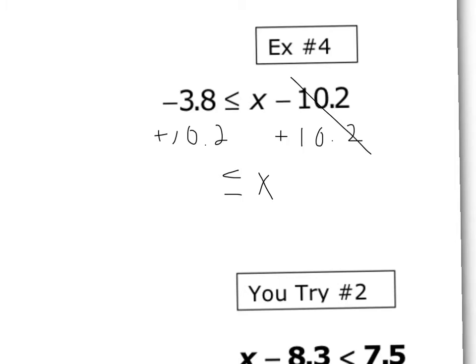If you add together negative 3.8 and 10.2, you'll get 6.4. Once again, you have to rewrite your inequality so that your x is on the left. So that would give you x is greater than or equal to 6.4. So 6.4 would be a solution, and everything greater than that would also be a solution.